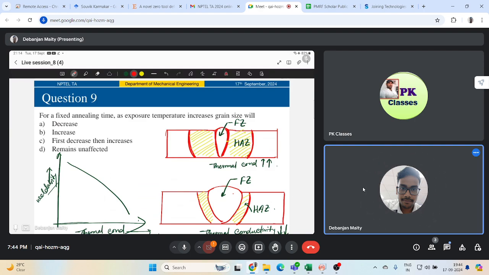Question 9, I will not explain. The more time you expose any metal to a higher temperature, it will coarsen your grain size, right? As simple as that. That will increase my grain size.